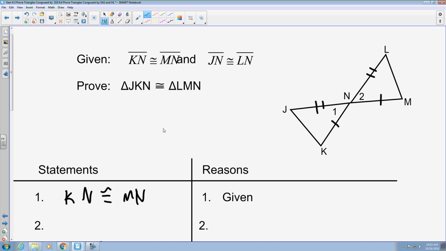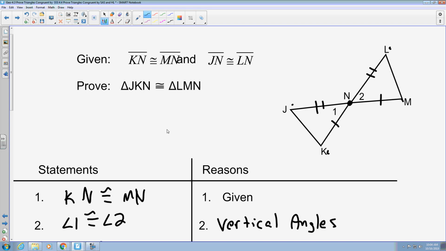So the question is, since point N is the intersection of line segment JM and line segment KL, we can make the determination that angle 1 is congruent to angle 2 because angles 1 and 2 are both vertical angles.